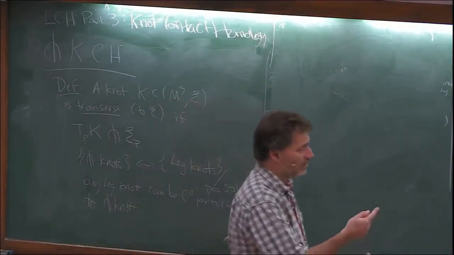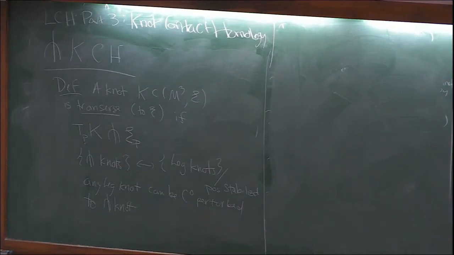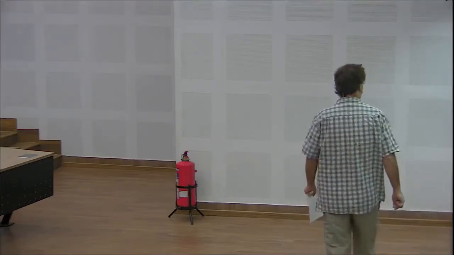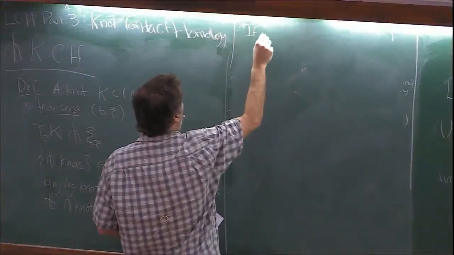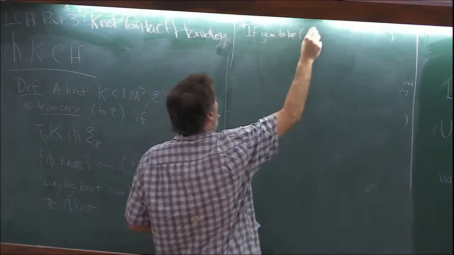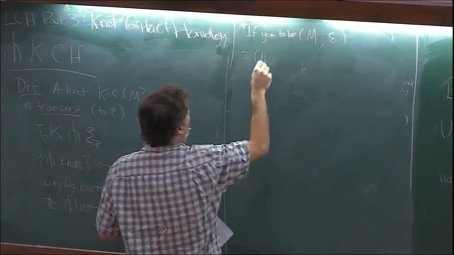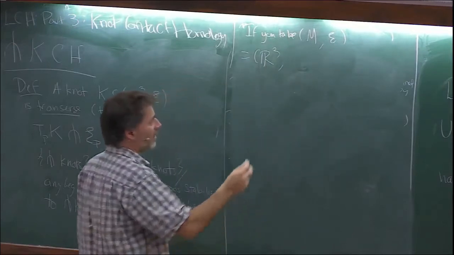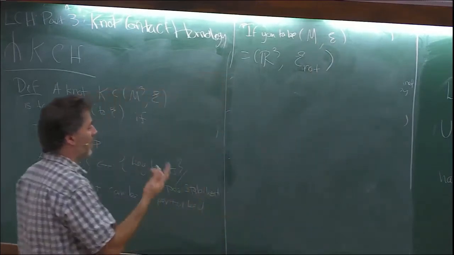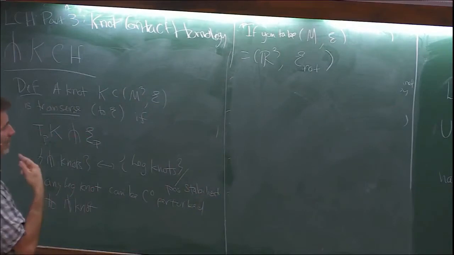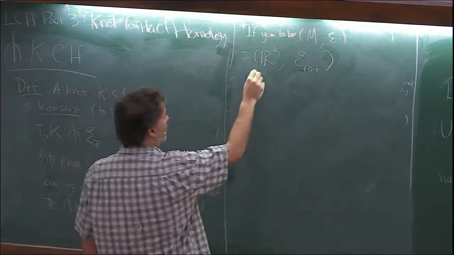There is a kind of a theorem that we have for smooth knots. Remember, any smooth knot can be braided around the flat unknot. Well, if you take M to be R3, but rather than the standard contact structure, we're going to take this rotated, this S1 symmetric contact distribution.